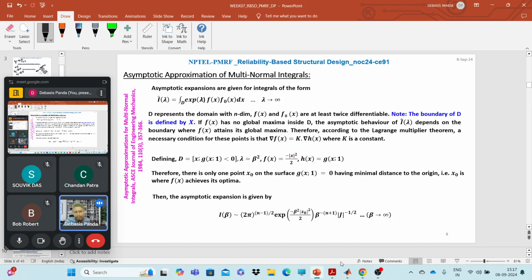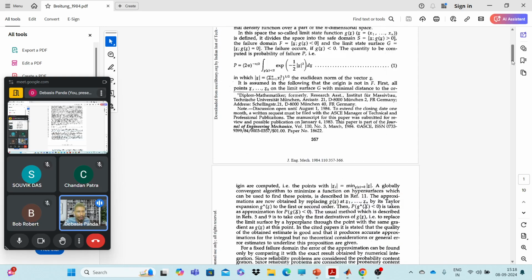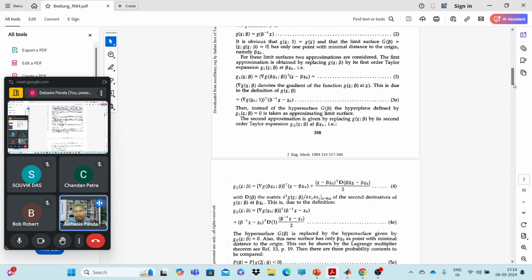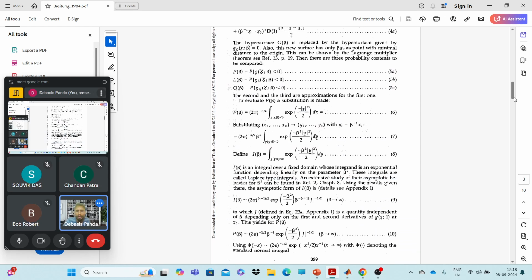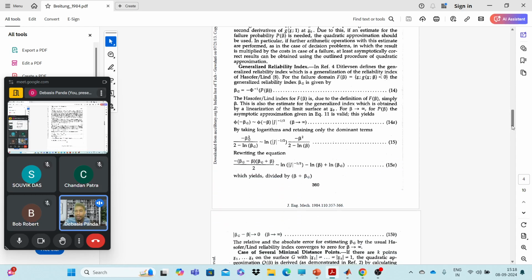asymptotic approximation. You will see the asymptotic approximation here. This is actually a paper published by Carl Breitung himself in 1986, I think. So if you go through this paper, you can see the asymptotic integral, how he has used it to formulate or to establish the relation between the Jacobian and the kappa.